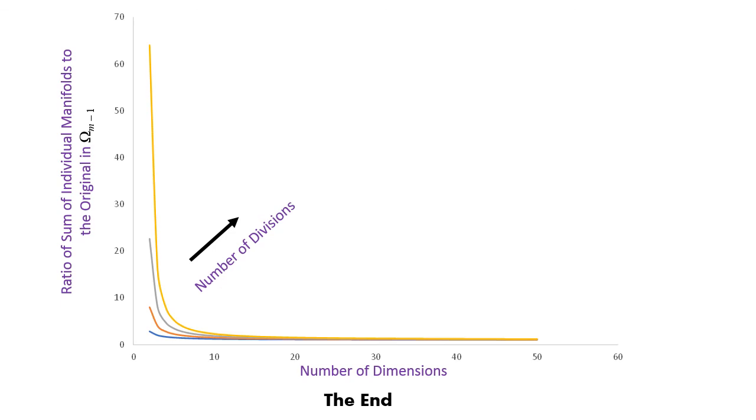And in that direction, this is the number of divisions. For example, this yellow graph has got more divisions than this red or this blue one. But there is one interesting point here. When the number of dimensions increases, all will merge to the same. So it means all will become one.